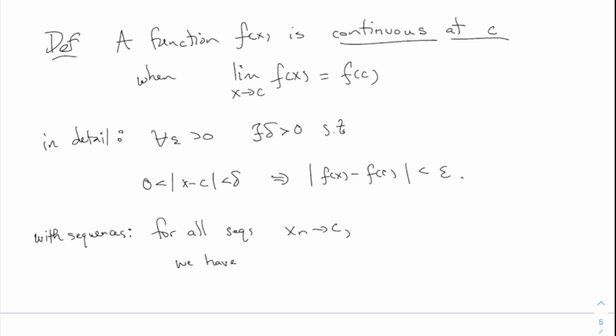Yes, in terms of the sequences, f of xn approaches f of c. Great. So these are three different versions of the same thing. If you want to do it in terms of sequences, it's here.